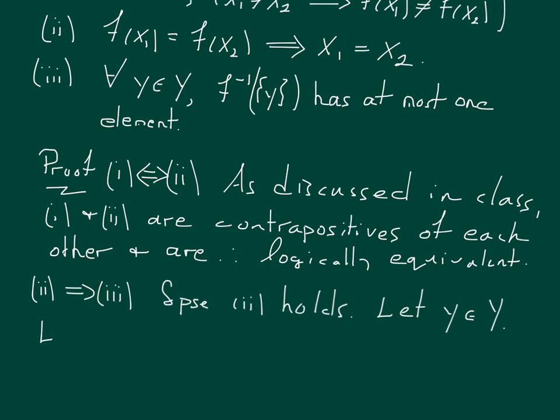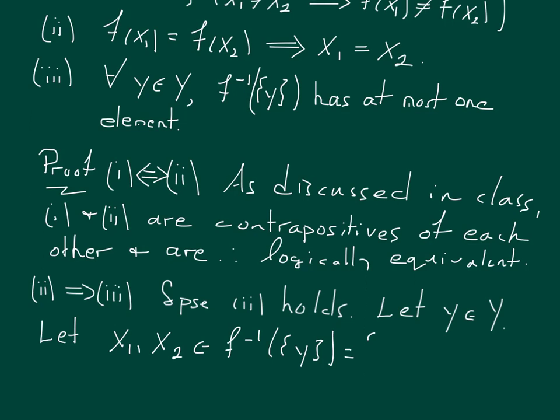So, in other words, we're going to let x1 and x2 belong to the preimage of this singleton set {y}. Okay, and we're going to try to show that x1 equals x2.